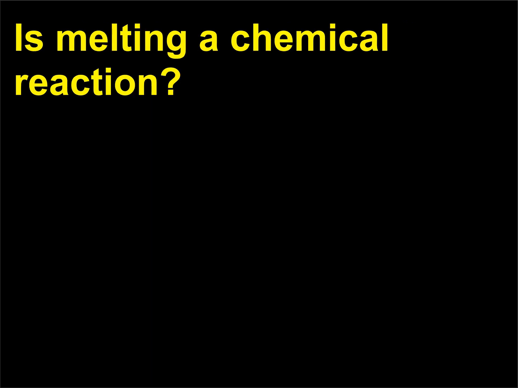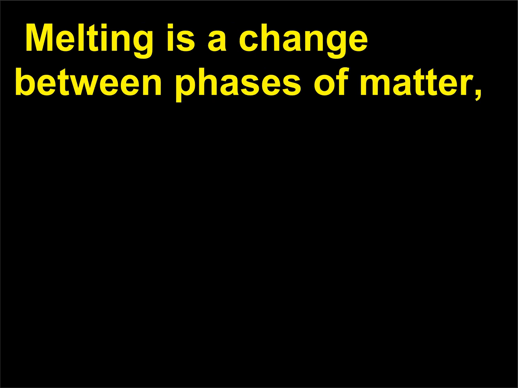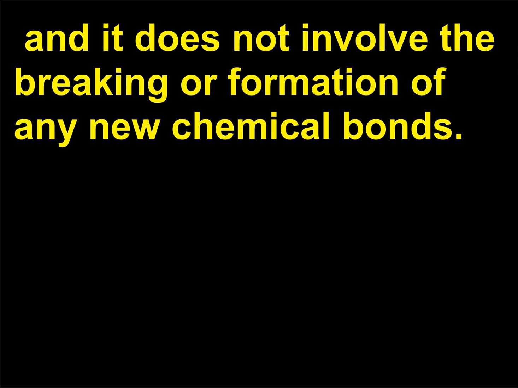Is melting a chemical reaction? No, melting is not a chemical reaction. Melting is a change between phases of matter, and it does not involve the breaking or formation of any new chemical bonds.